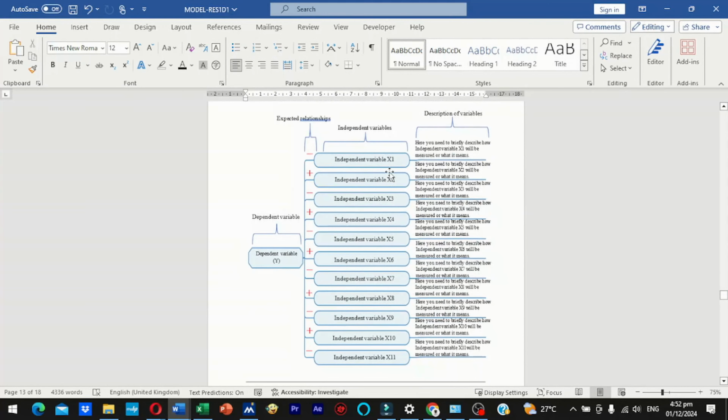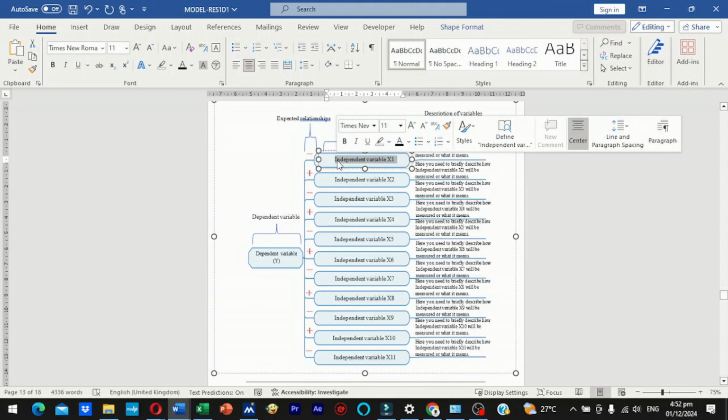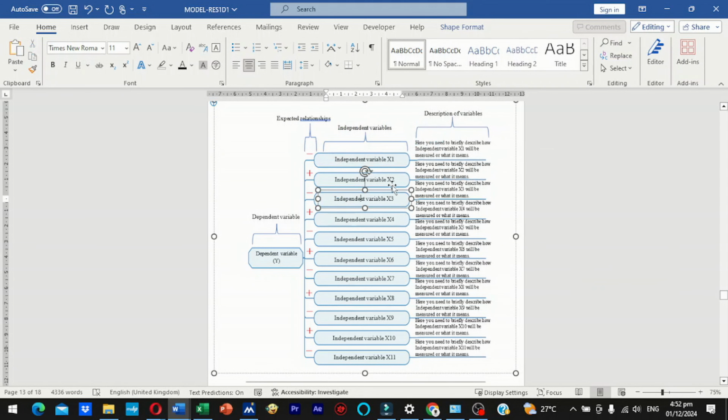If you're looking at demographic characteristics in general, then you may have gender here as one of your independent variables, and you may have education here as your second independent variable, and you can have something like employment status as another independent variable, trying to analyze how employment status influences the buying decision of that particular individual.